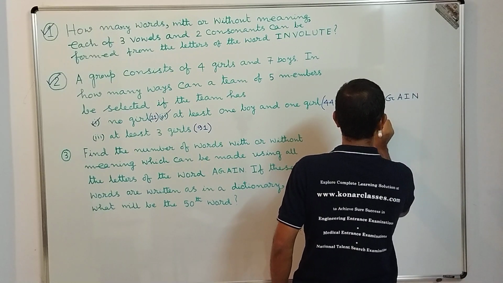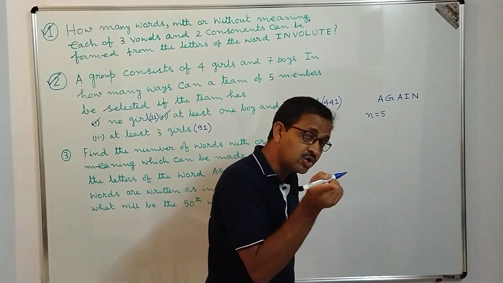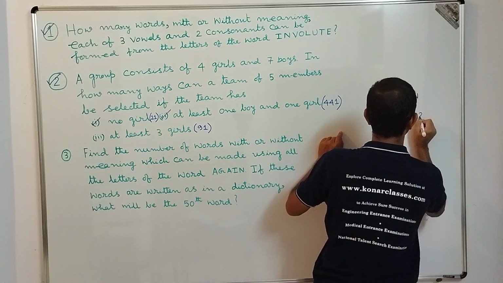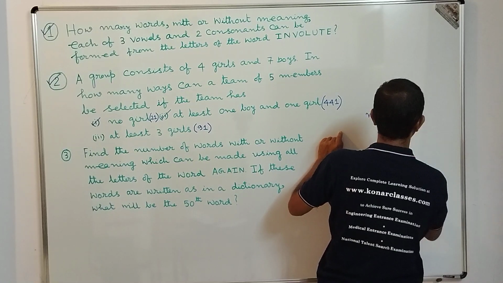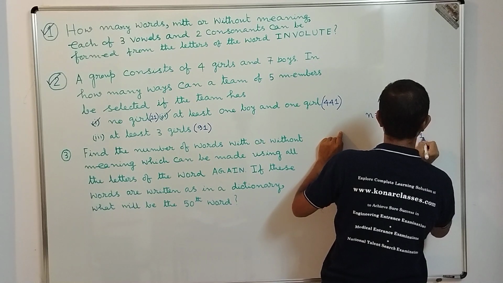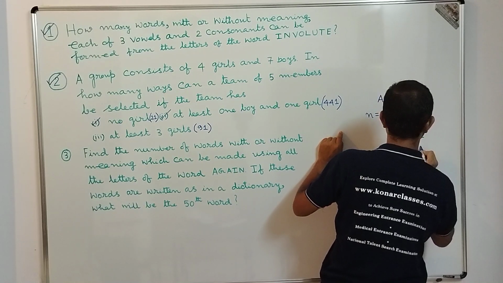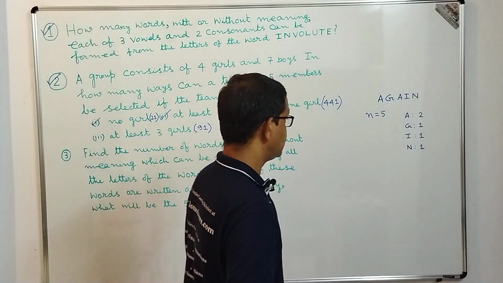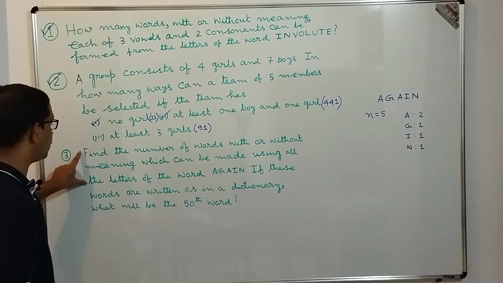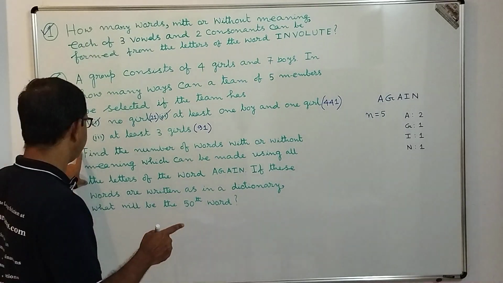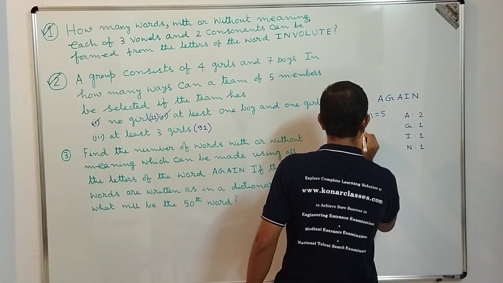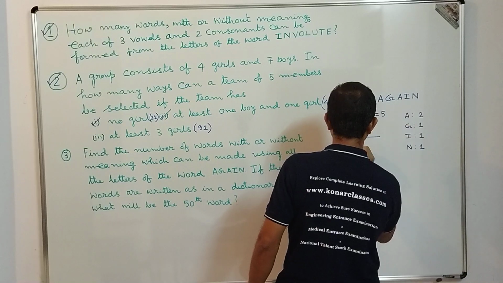So n equal to 5 objects, but not all distinct, because here A appeared how many times? 2 times, but the rest are unique. That is G 1, I also appeared 1, and N also appeared 1. Correct? To answer the first part of the question, the number of words with or without meaning which can be made using all the letters of the word AGAIN should be 5 factorial divided by 2 factorial.